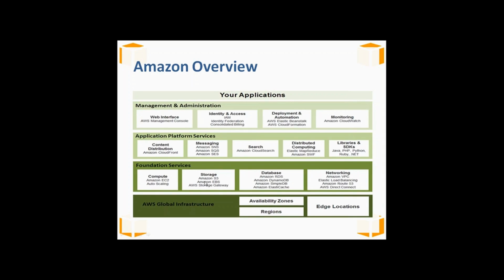One is called Amazon Simple Storage, the short form we call S3, another one is called Amazon Elastic Block Storage, that is EBS, and the third one is called Amazon Storage Gateway. Now let us talk about the first one.